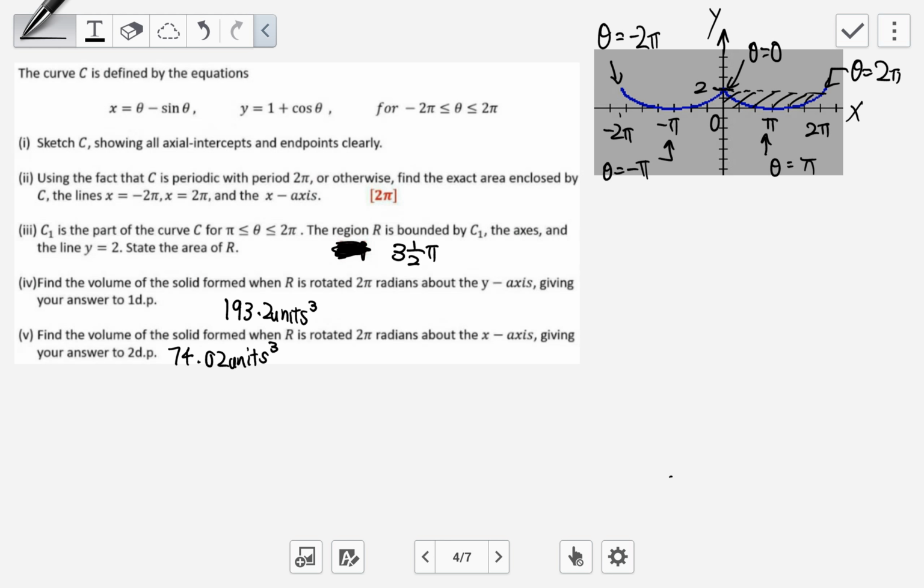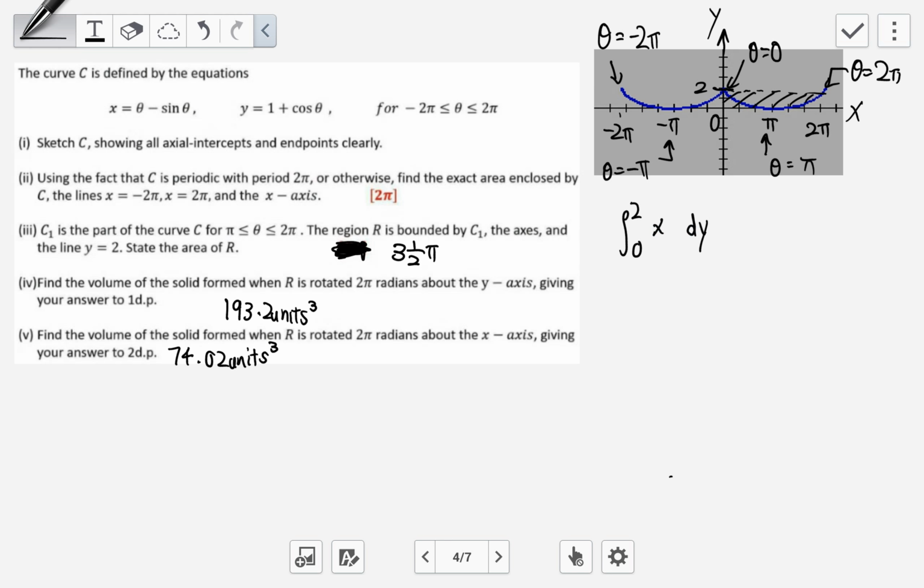So the natural thing is we want to integrate with respect to the y-axis. So I will integrate with respect to y from 0 to 2, and then in terms of y, we want to integrate x with respect to dy. Okay, so get this first.